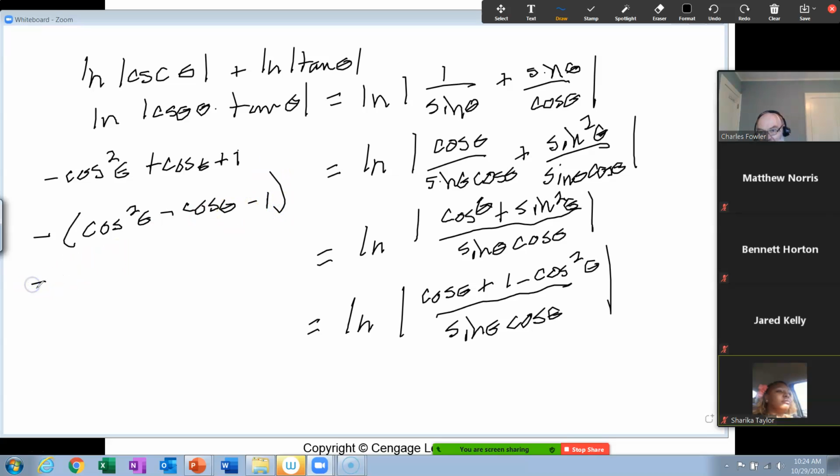Let's see if that will factor. Okay, that would be a minus. This will be a cosine theta times a cosine theta. Okay, and this will have to be plus and minus here, 1 and 1. That won't work. Okay, I've done something dumb here.